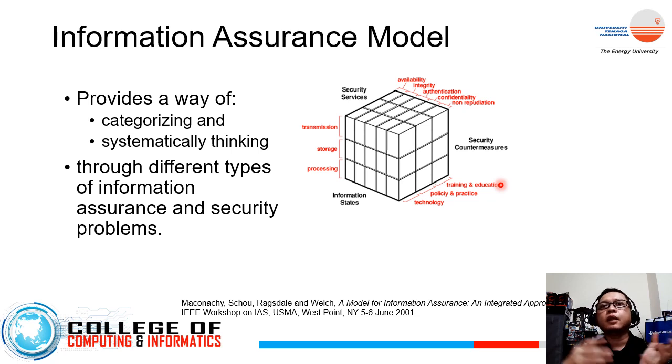So we will cover that in later topics. But remember that IA is a three-dimensional process. You need to understand the information, the service that you are providing for that information, and also the countermeasures, which also involve the people who are using that information.